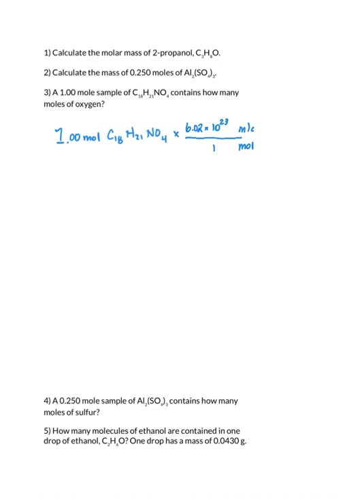In this case, it's molecules. Once we know molecules of our compound, we can use the compound's chemical formula to give us the ratio of atoms of each type in that formula. For example, in 1 molecule of this substance, C18H21NO4, we know that there are 4 atoms of oxygen.